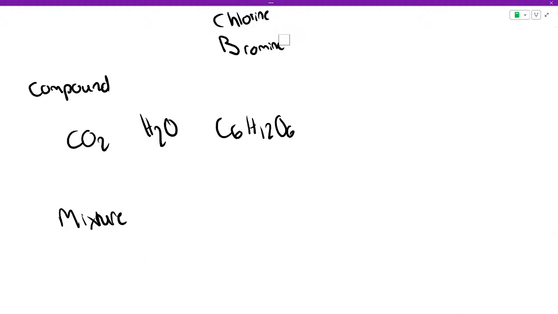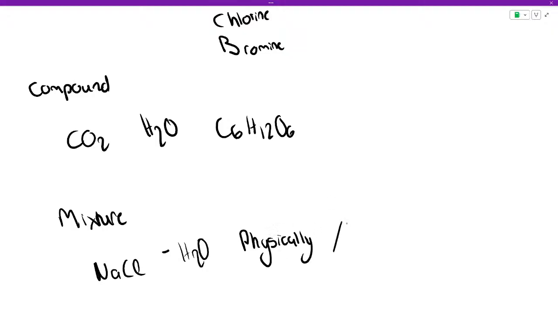Let's say you mix table salt with water, H2O. They're not bonded, no bond forms between them, because I can still separate it physically and not chemically.